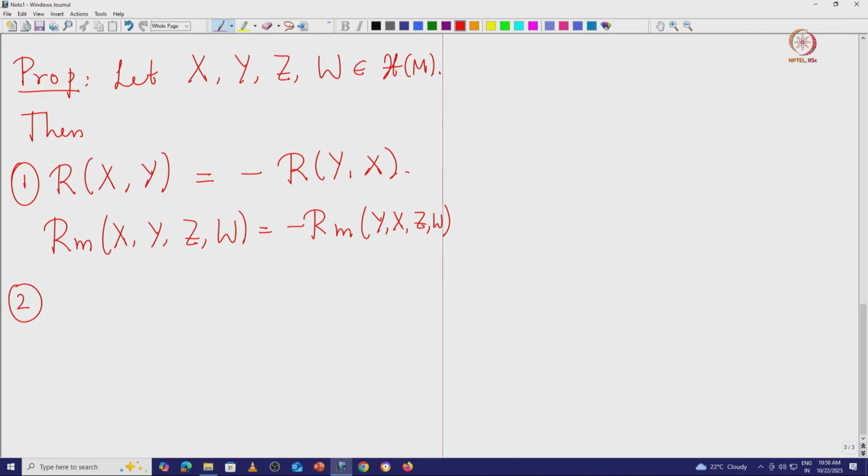The second property is skew symmetry in the other two entries. So R of xy as an endomorphism is a skew symmetric endomorphism.